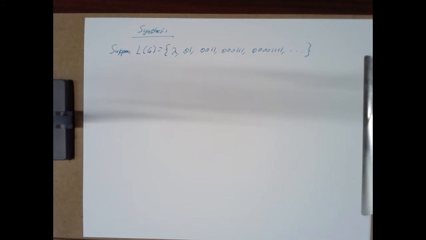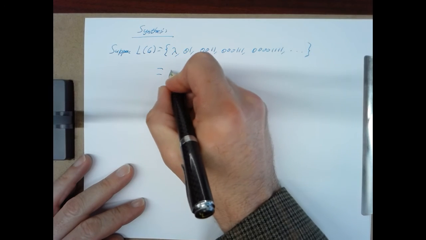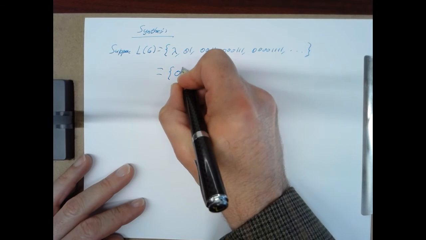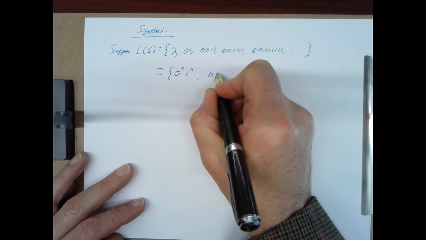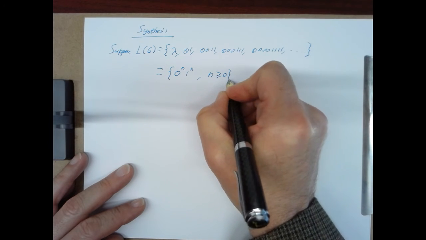In other words, our language should consist of words that contain n zeros followed by n ones, where n might be 0, 1, 2, 3, or any other positive integer. And we could abbreviate this as 0 to the n, 1 to the n, where n is bigger than or equal to 0.